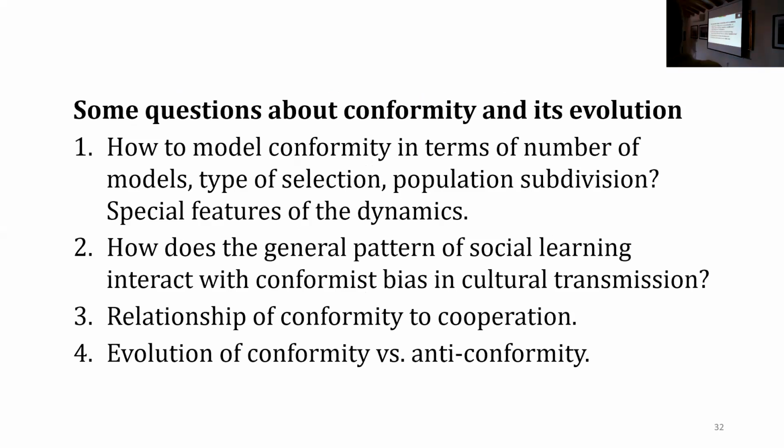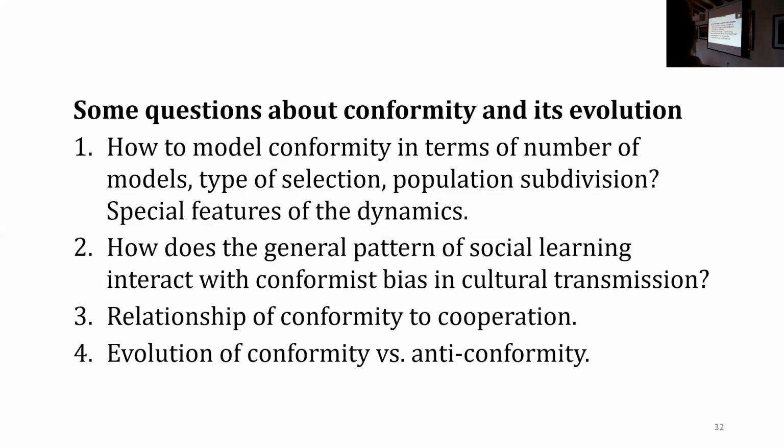So we have a few questions that are really interesting about that. And this work that I'm going to describe to you now is being done together with Yoav and my PhD student, Kayla Denton. So the first question you might ask is how to model it in terms of the number of models that you have to conform to, the type of selection that might be happening while this conforming is going on.